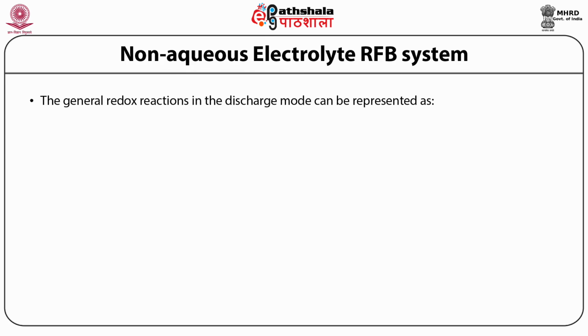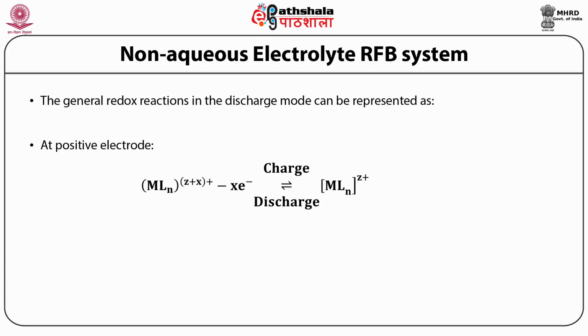The general redox reactions in the discharge mode can be represented as follows. At the positive electrode, M L_n to the power z plus x, plus or minus x electrons, charges or discharges to give M L_n 2 plus.